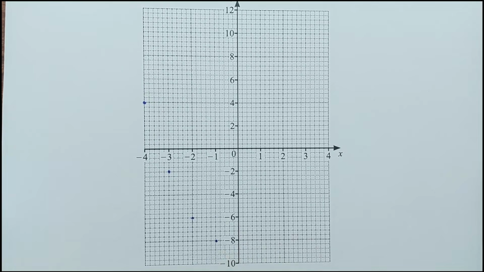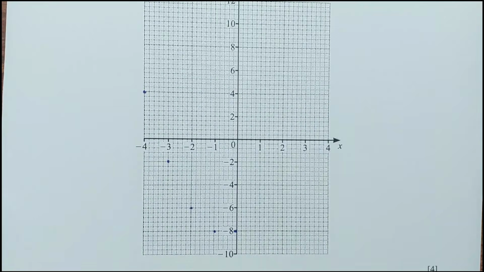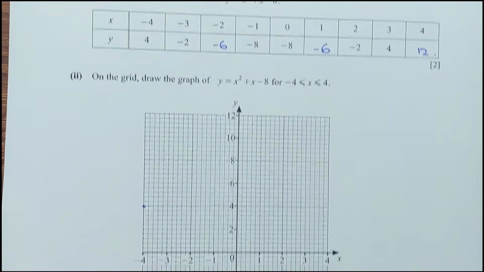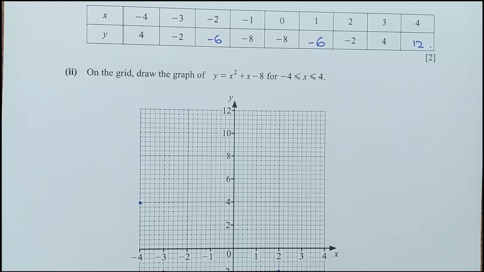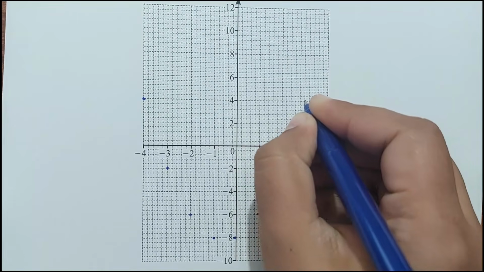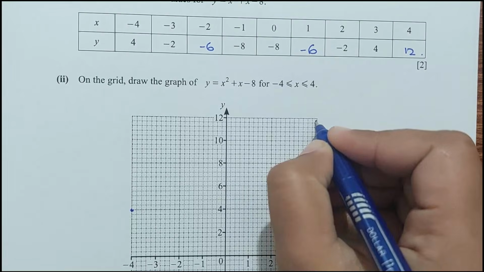For 0, negative 8. For 1, minus 6. For 2, minus 2. At 3, it's 4. And for 4, it's 12.